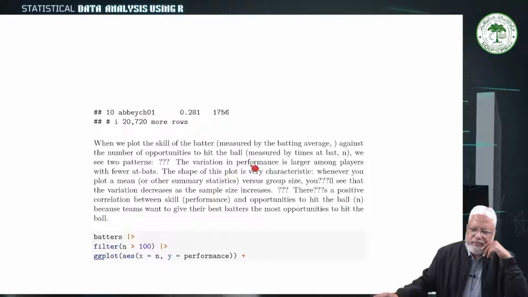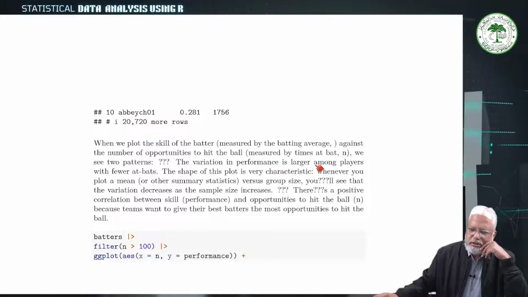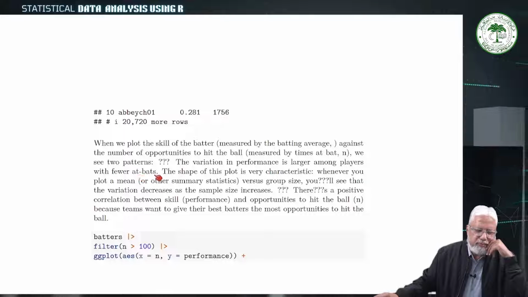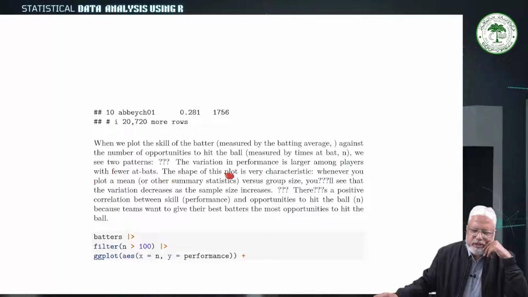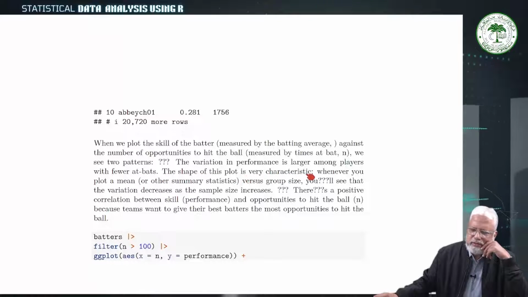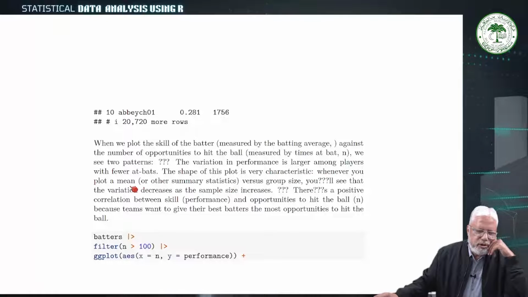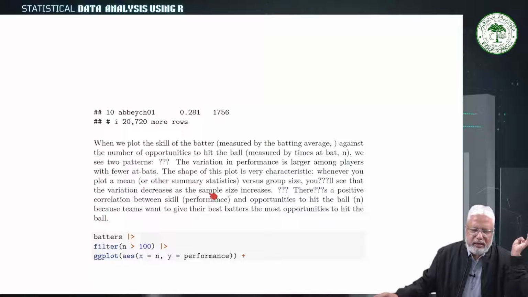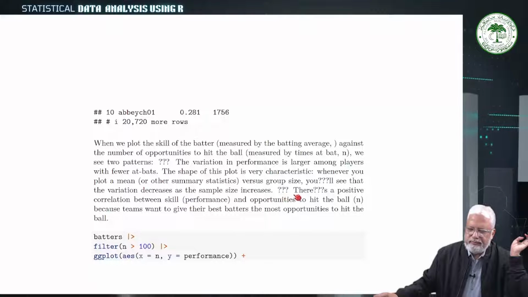The variation in the performance is larger among the players with fewer at bats. The shape of this plot is very characteristic. Whenever you plot, the variation decreases as sample size increases.